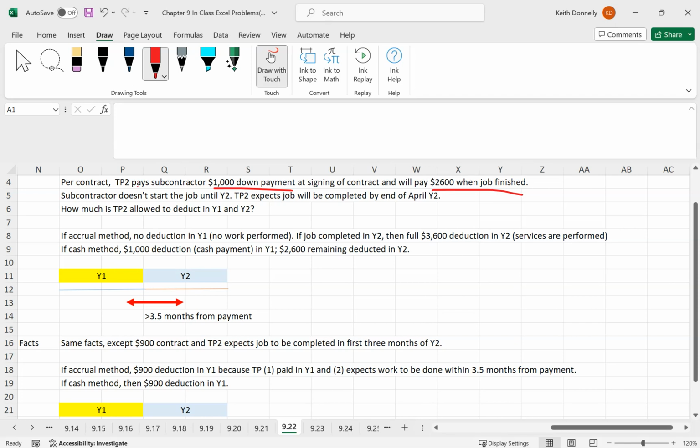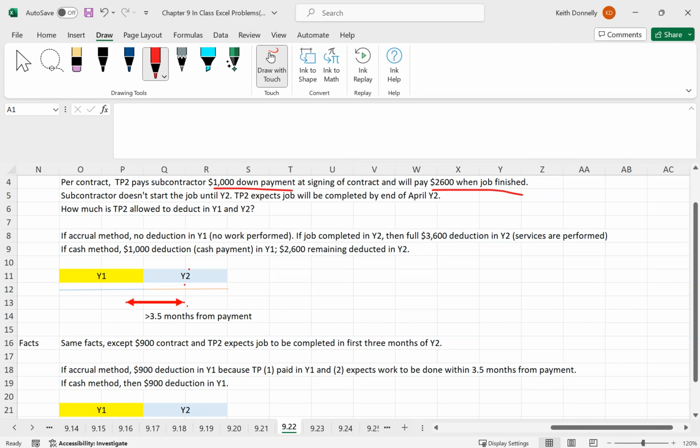The subcontractor doesn't start the job until year 2, and we expect the job to be completed in April of year 2. How much can the taxpayer deduct in year 1 and year 2? So it looks like we pay them, but they're not going to complete the job until April of year 2.